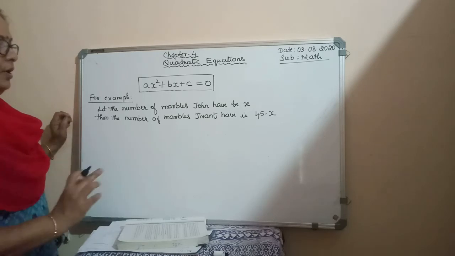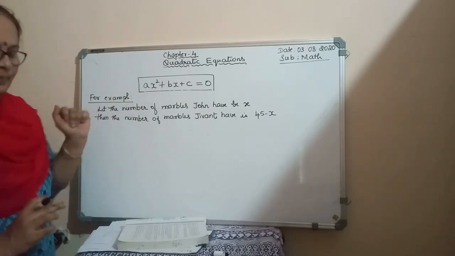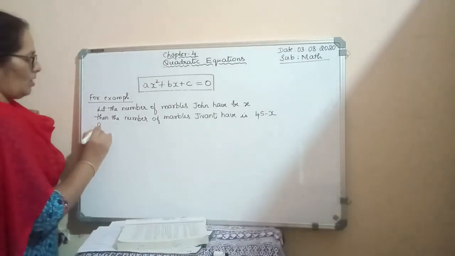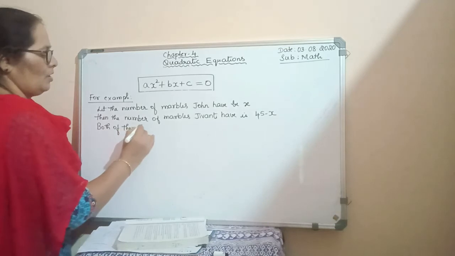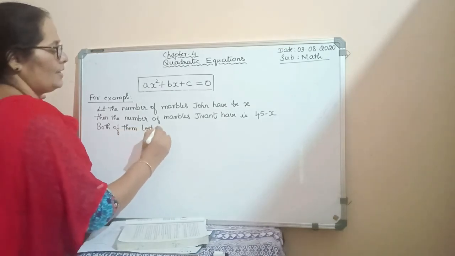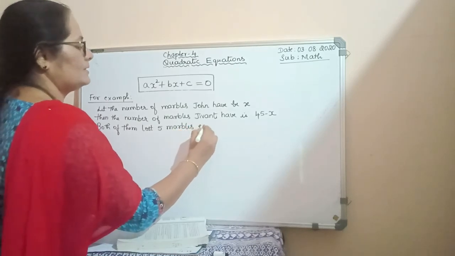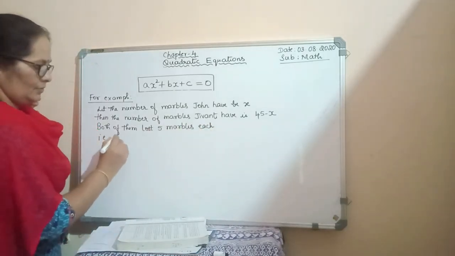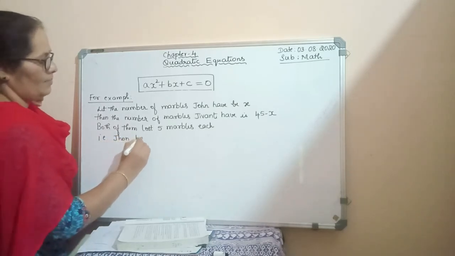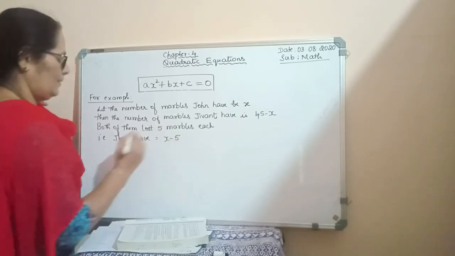Then both of them lost 5 marbles each. John now has how many marbles? x minus 5.